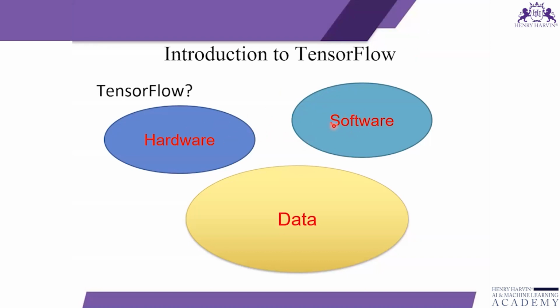Now the third thing we need is software, and we understand that every program will require some software library. For machine learning, we need to implement all the mathematics. As we understand, machine learning is nothing but mathematics. So we need software which actually implements that mathematics so that we don't need to write the code every single time.